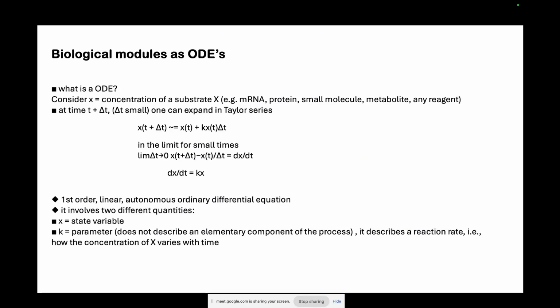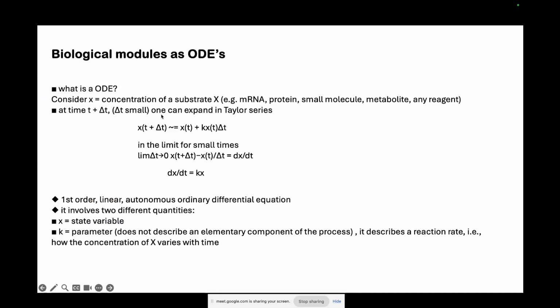So now we come to the part where we can see different kinds of biological modules as ODEs. For example, consider the concentration of any substrate, which can be an mRNA, protein, small molecule, metabolite, or any kind of reagent, and you want to check the change in concentration of that substrate after a small amount of time.